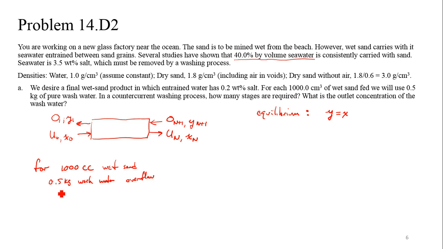Which is 400 or 0.4 kilograms, right? So 0.4 kilograms is associated with the underflow. So right away, we know then that in this case, U over O is equal to 0.4 divided by 0.5, which is 0.8.